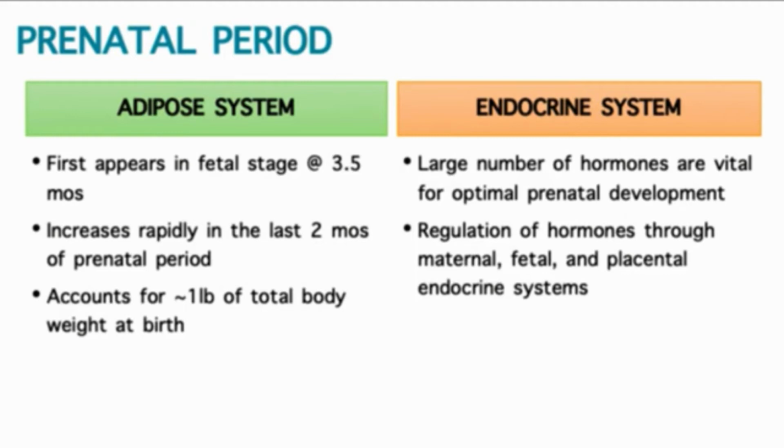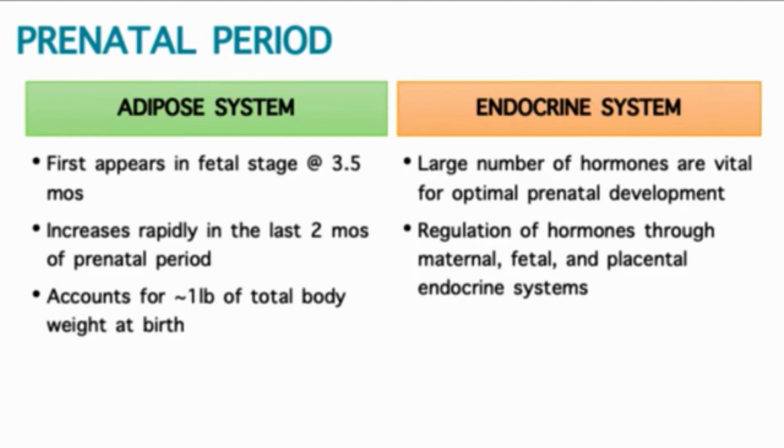Lastly, our endocrine system. There are a large number of hormones that are vital for optimal prenatal development, and the regulation of the hormones through that placental bonding between mother and baby is really important, because like we said last week, anything that the mother takes in is going to be directly passed to the baby if that placental membrane allows for passage of certain materials or chemicals or other types of substrates.